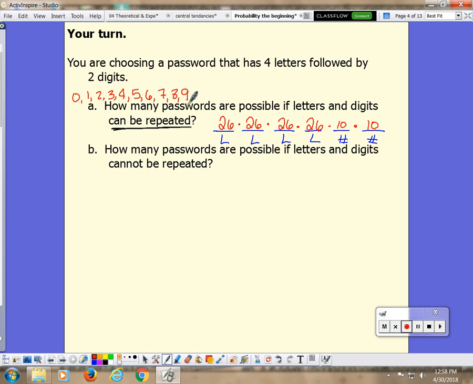So you're going to multiply it all together, and you will get a whopping 45 million. So the answer here is 45,697,600 different combinations.